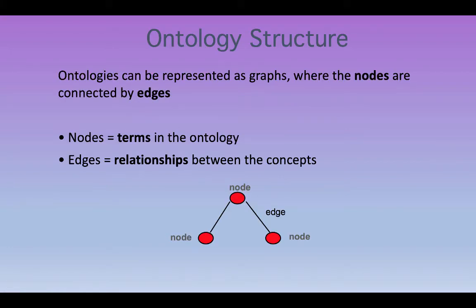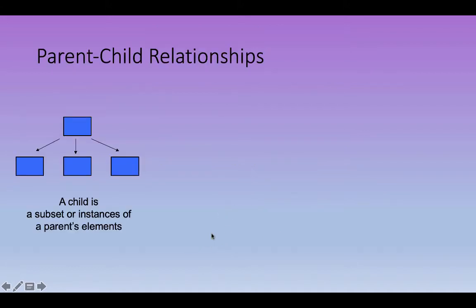And what we can see is that ontologies are typically represented by these graphs, and the nodes of this graph are going to be the terms of the ontology, whereas the edges are the relationships between the concepts. Okay, so the nodes are the terms, the edges are the relationships. There are basically these parent-child relationships throughout the gene ontology.